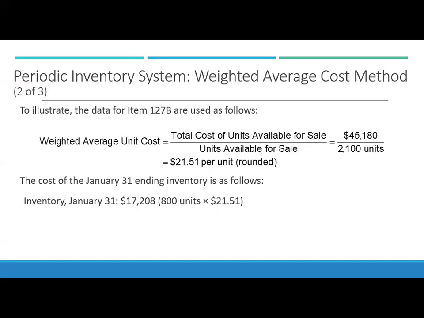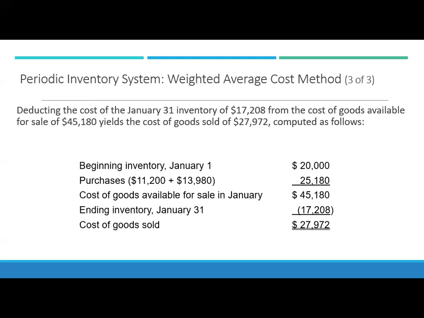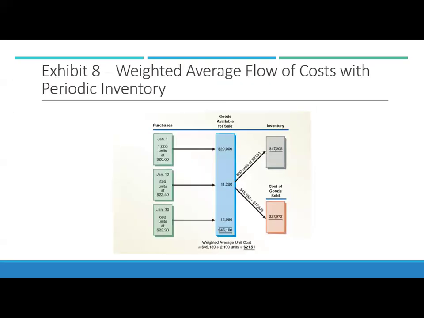And we just apply that. 800 units times $21.51 is 17,208, and 2150 times 1,300 units that were sold, we get our cost of goods sold of 27,972.